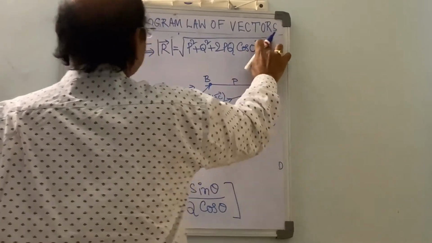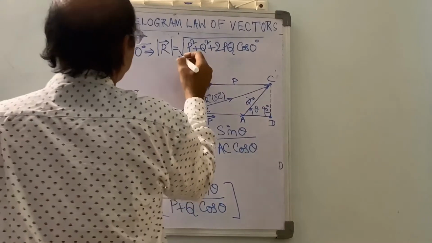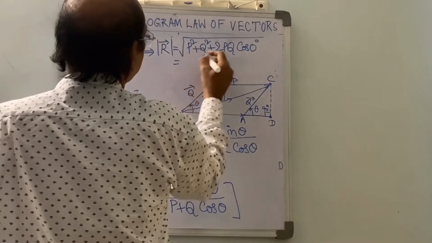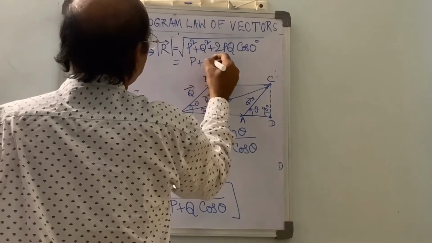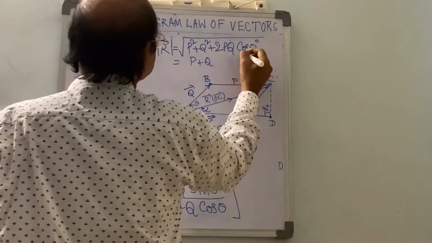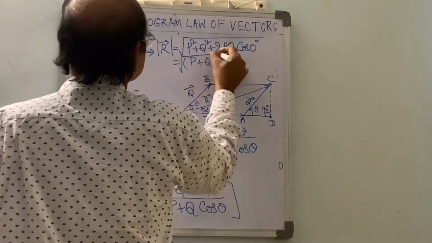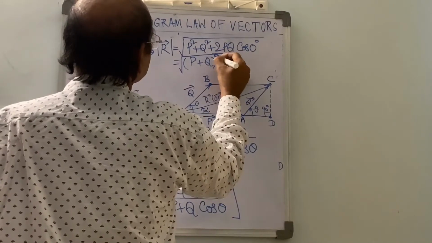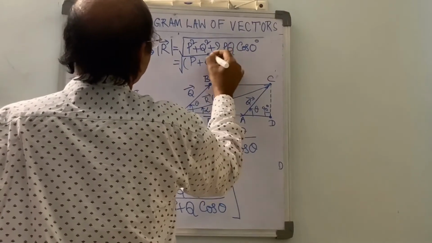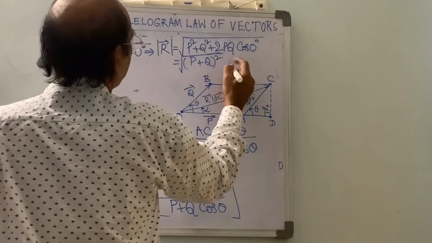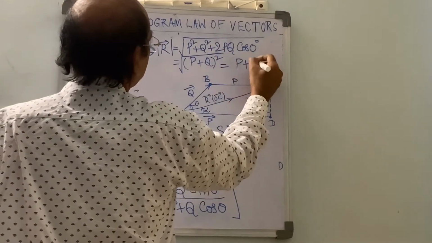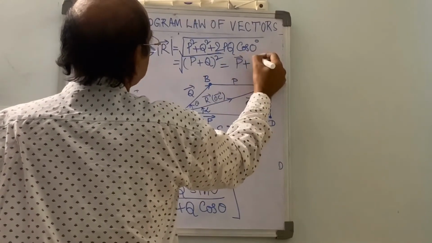Cos 0 is 1. Therefore, this is p plus q whole square, therefore R bar is equal to p plus q.